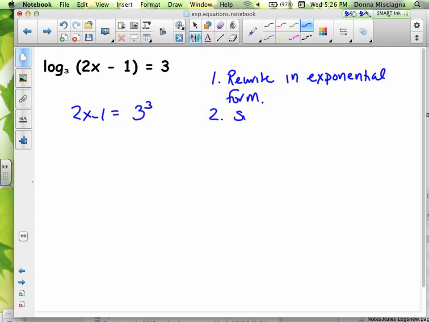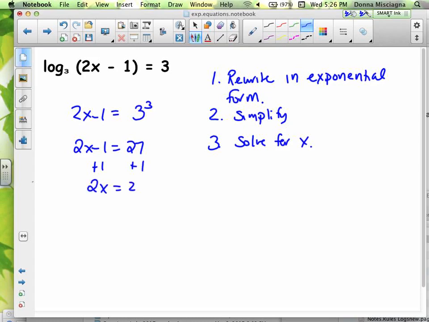We'll simplify. 3 cubed is 27. And then we'll solve for x. We'll add 1 to both sides. 2x is equal to 28, and then divide by 2. X is 14. That's all there is to it.